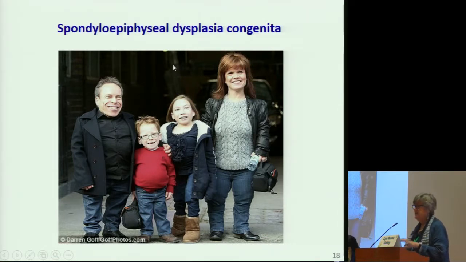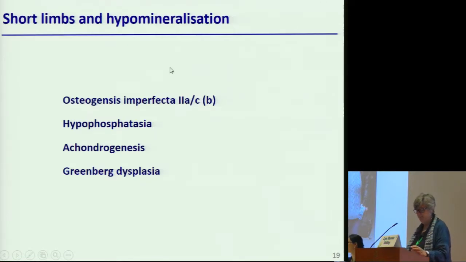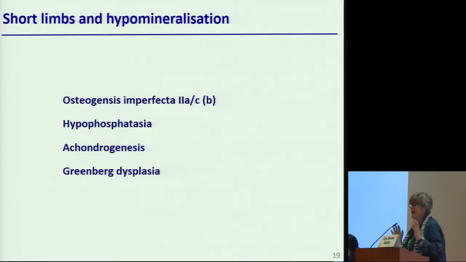So you need to make sure that you differentiate between lethal and non-lethal. And everything that has short limbs is not necessarily lethal. So that's short limbs and small chests, and the reason why the SEDCs have apparently got a short chest is because it has a short spine. So it's the short spine that gives it that appearance.